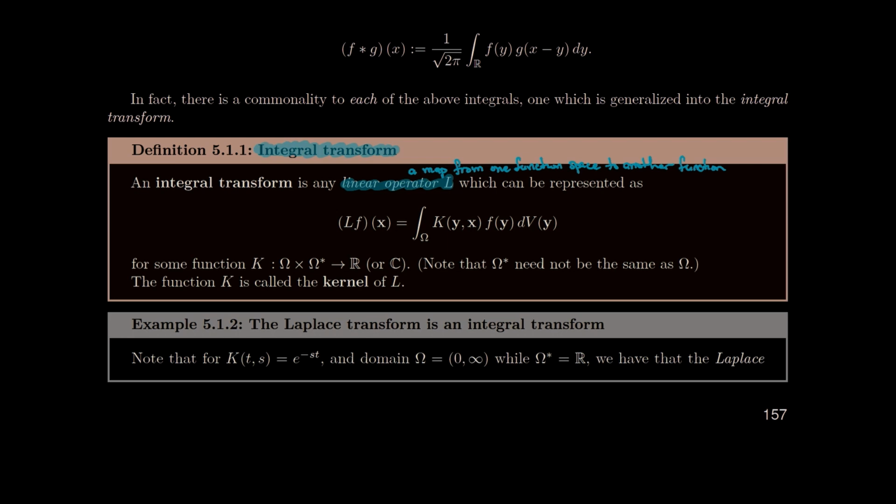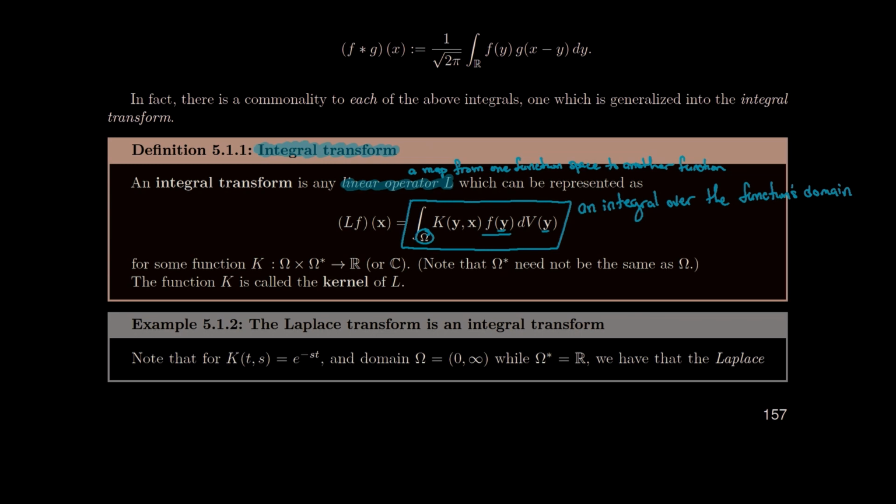So it is going to be a linear operator, and it gets a representation as an integral. That's what it means to be an integral transform. In fact, its representation is an integral over the function's domain, right? This is omega there, and we're integrating in the y variable of the function that I care about.